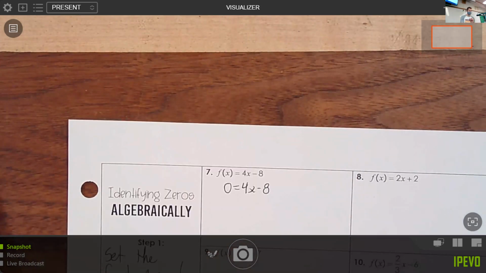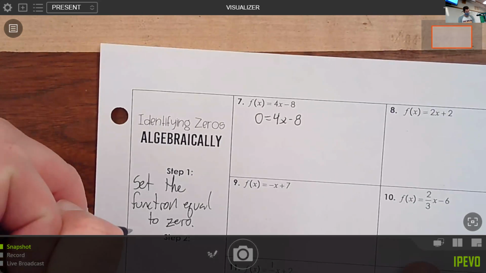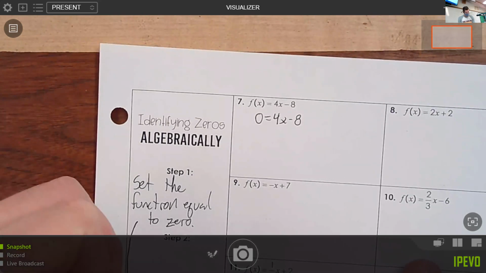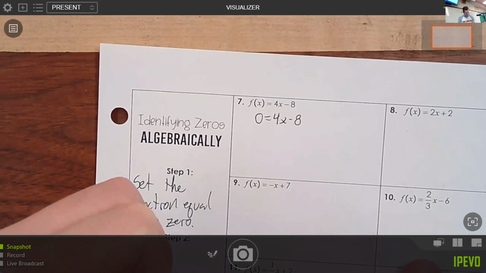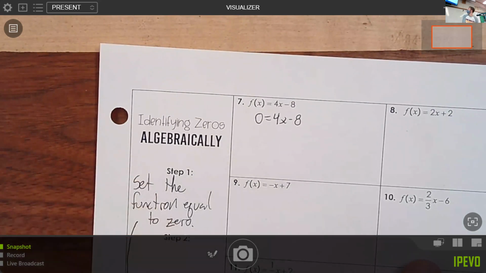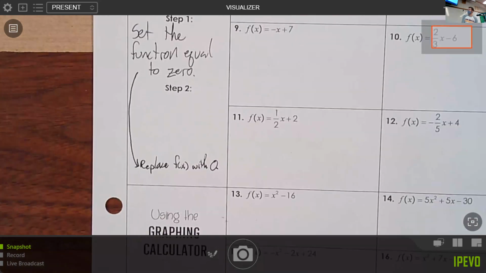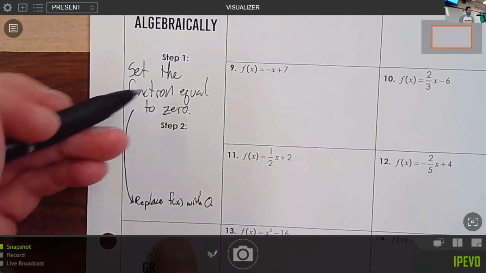Every single equation here, you are replacing f of x with 0. And in fact, I'm just going to put a little note at the bottom here: replace f of x with 0. I'm going to put that right down underneath here just because I ran out of room.